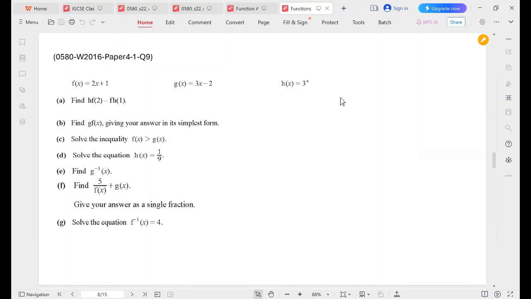In C, we are required to solve f of x greater than g of x. So for f of x, we have 2x plus 1. This is greater than 3x minus 2. We want to solve for x, so let's subtract 3x here. So we get 2x minus 3x, and let's take the 1 over there.